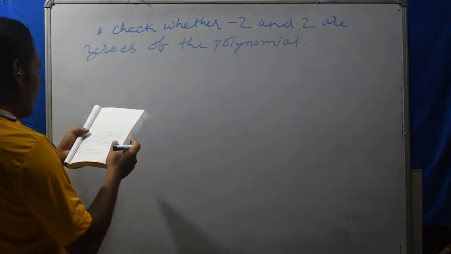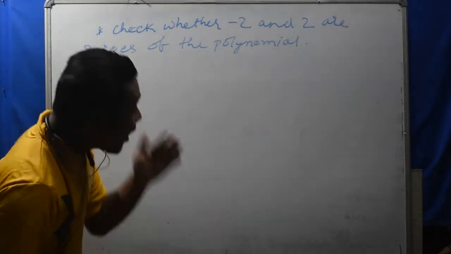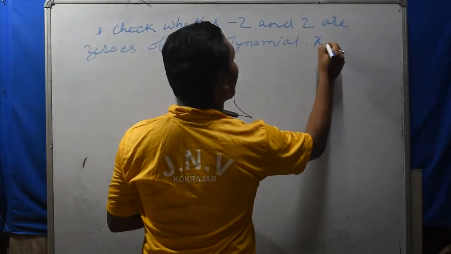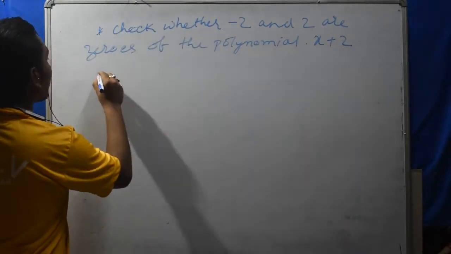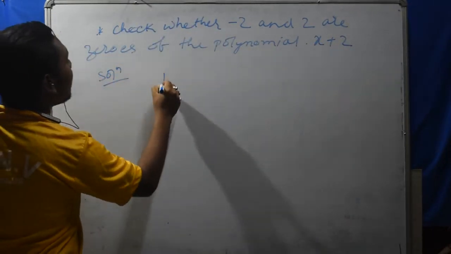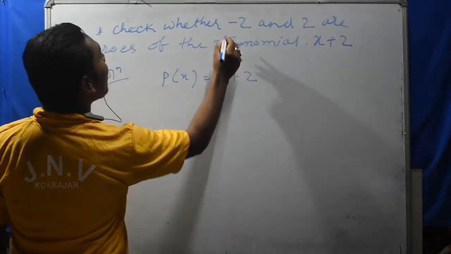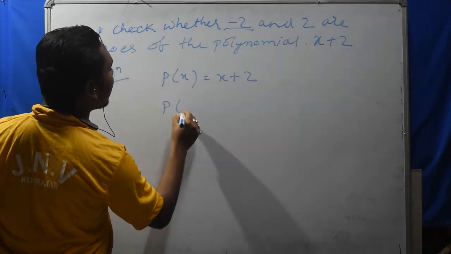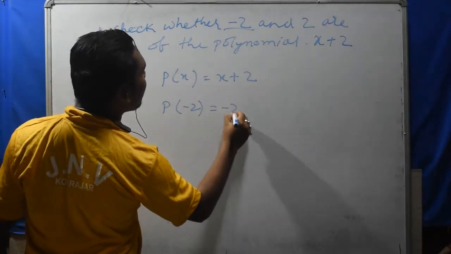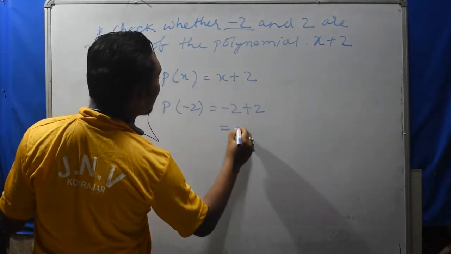Here the polynomial is given, p(x) is given as x plus 2. So we have to check for -2. p(-2) is equal to -2 plus 2, which is equal to 0.